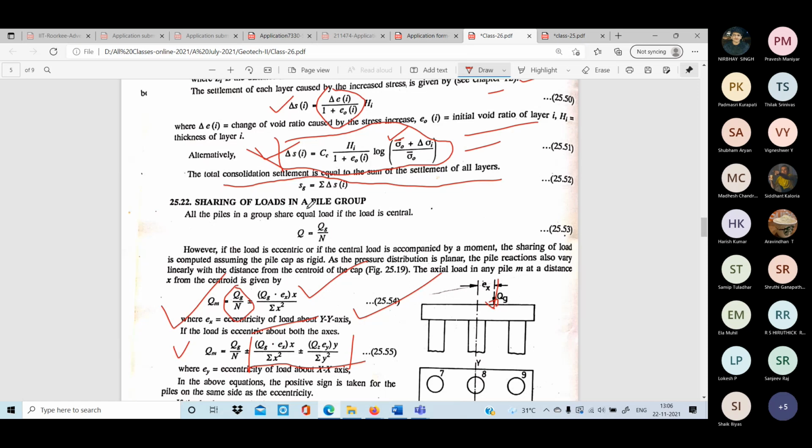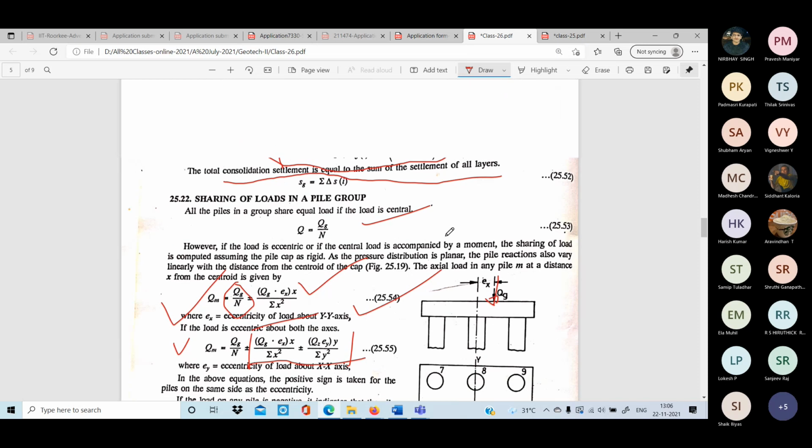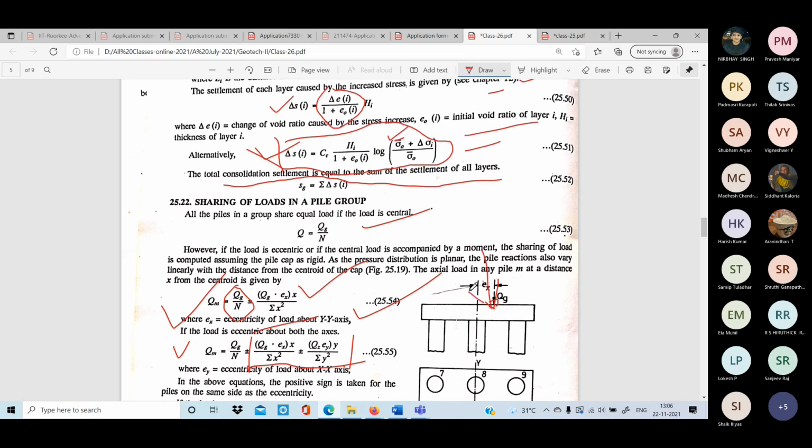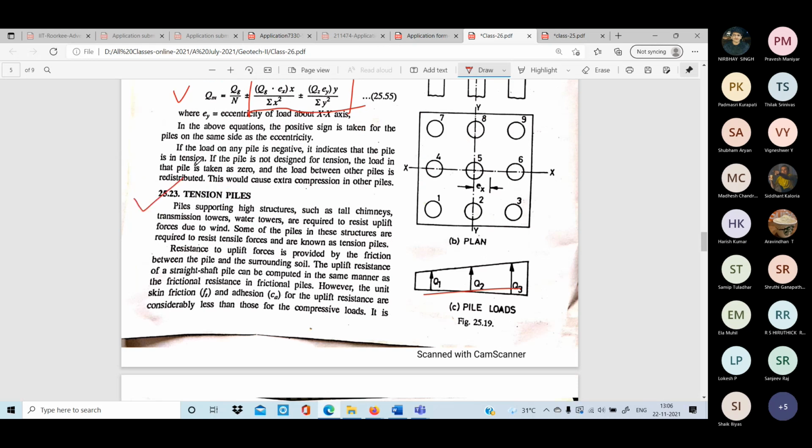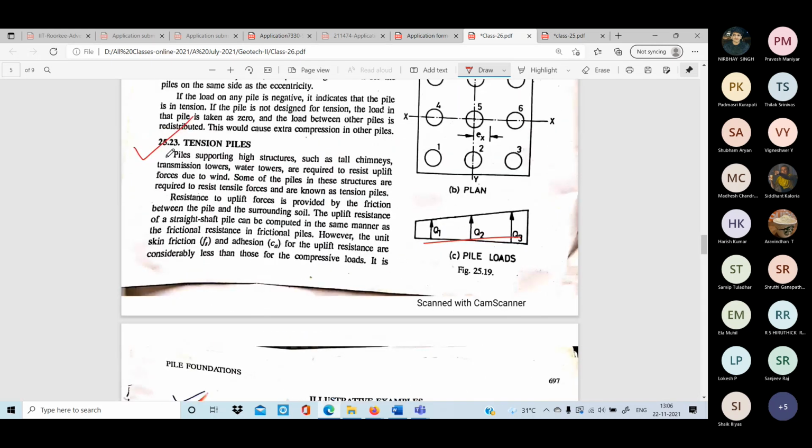So the sharing of loads among piles in a group. However, suppose the load is applied without any eccentricity, then no problem. If it is with eccentricity, what will we do? There may be plus or minus. Okay, so tension piles are not there in this particular case.